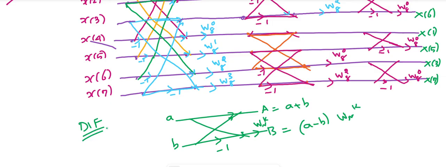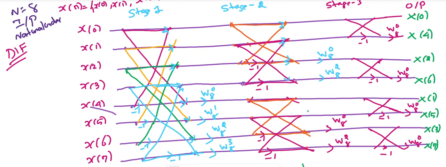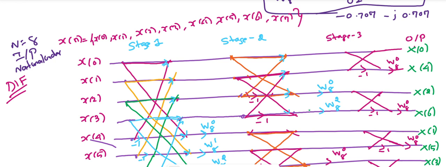Decimation in frequency 2-point computation for the two complex numbers a and b. Okay, so a is equal to a plus b, and the other complex number b is equal to a minus b into Wn per k. The same computation you have to do for each butterfly. Only the structure differs, whether it is decimation in frequency or decimation in time.